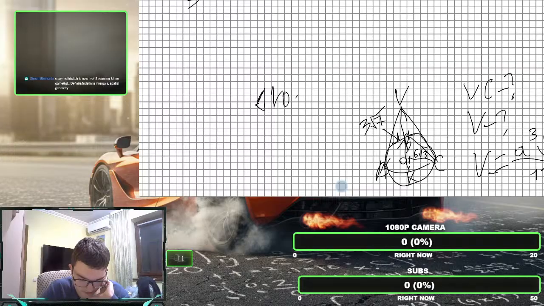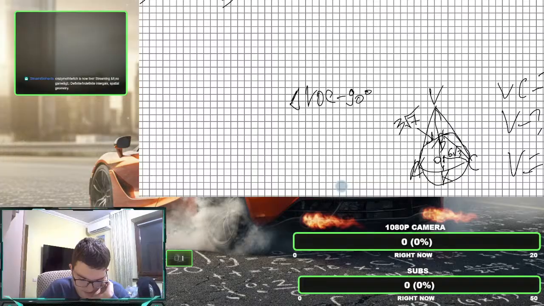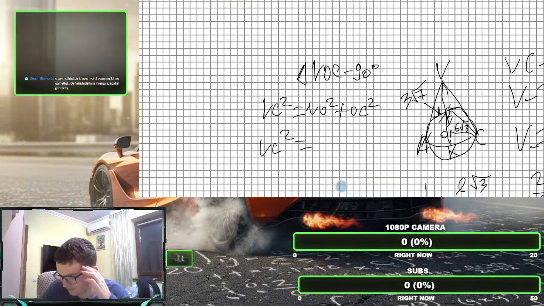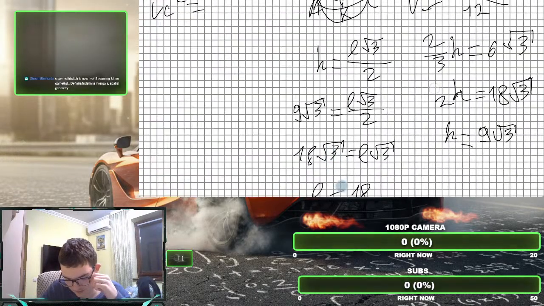Basically, VOC is 90 degrees in O, which means that VC to the second power equals with VO to the second power plus OC to the second power, which means that VC to the second power equals with essentially the height, which is what we got there, right?